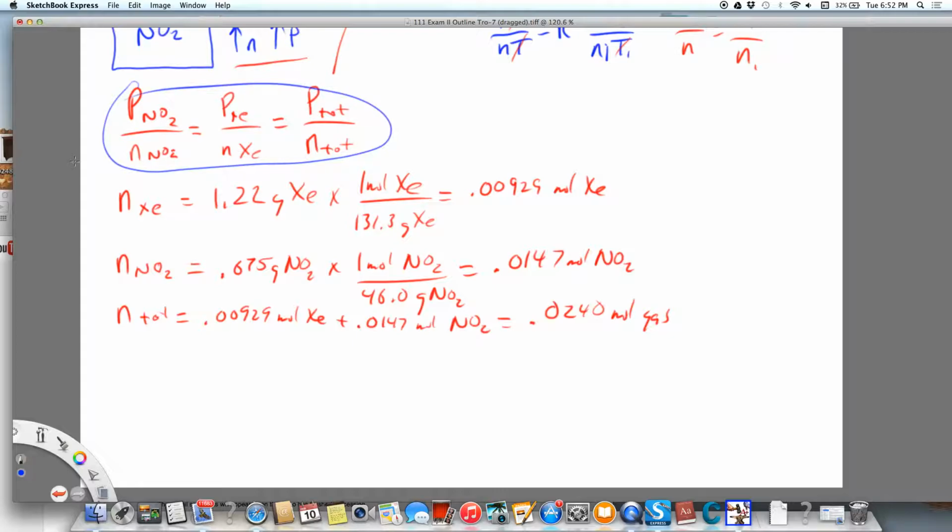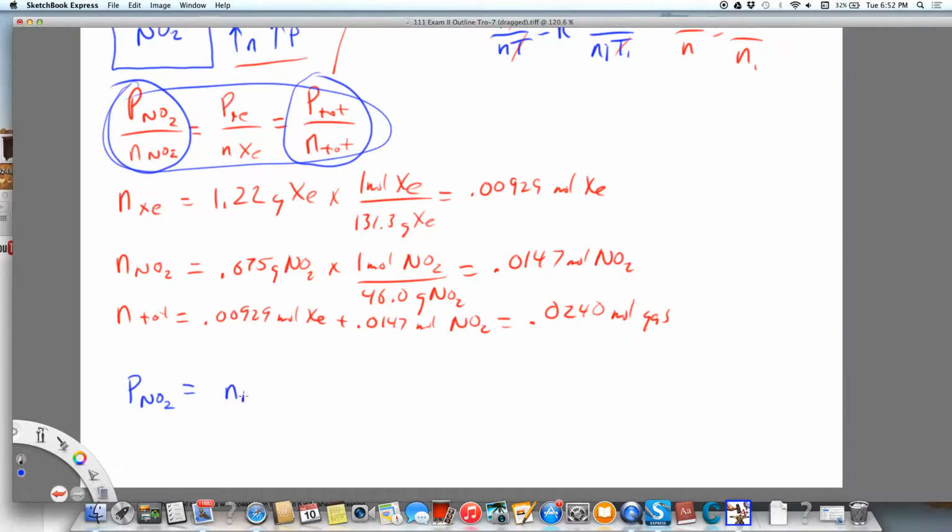Okay, so what do we know? Well, we are looking for the pressure of NO2. All right? So if we were to take the total and the NO2, we would rearrange that equation, solving for PNO2.